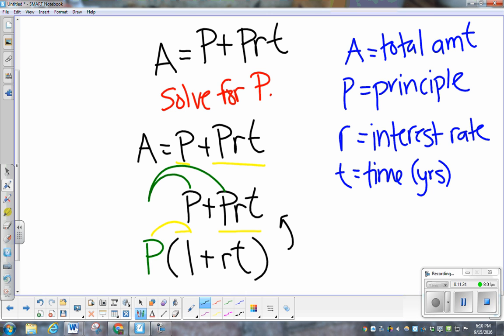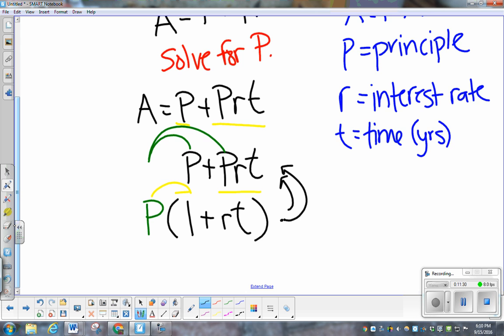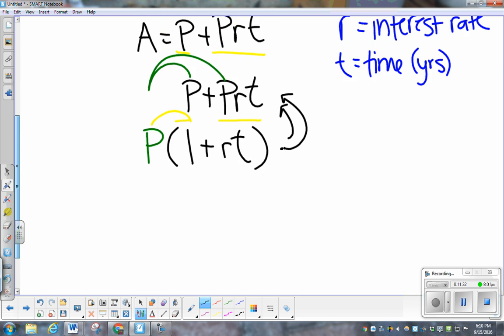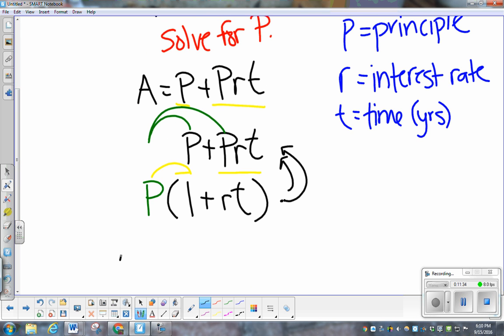So if we distributed what's down here, it would give us what's up here. So we're going to rewrite this equation in factored form. So we're going to write this as the total amount equals P times the quantity 1 plus RT. We haven't really changed anything yet. All we did was rewrite that right side so that the P is pulled out of those two terms.